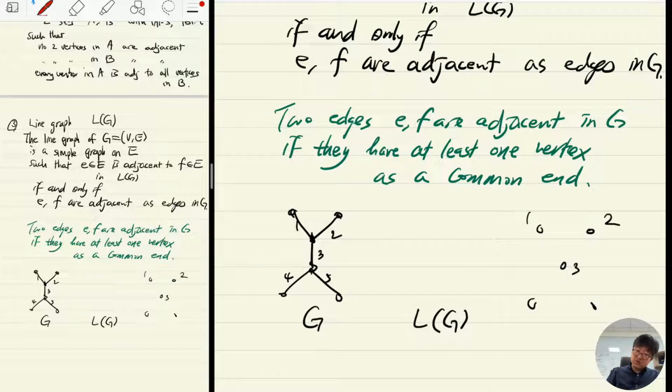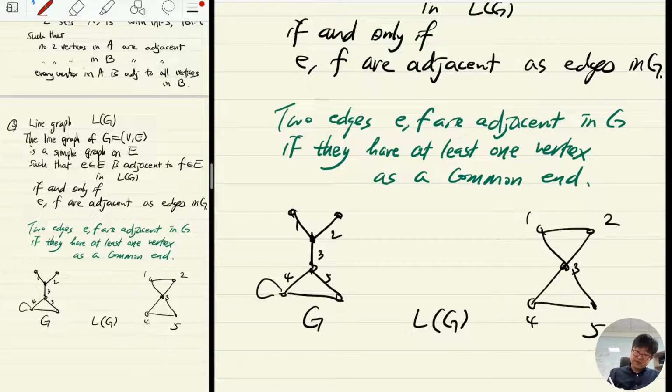One is adjacent to 2, one is adjacent to 3, and 2 is adjacent to 3, and 3, 4, 5. Should I try with loops and parallel edges? Okay, so 6, 7.